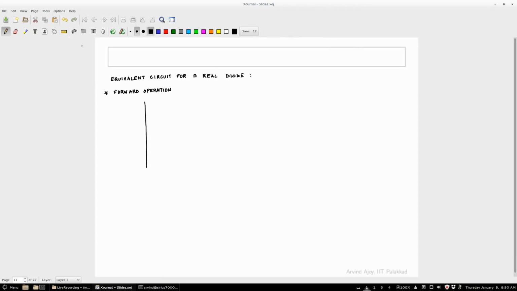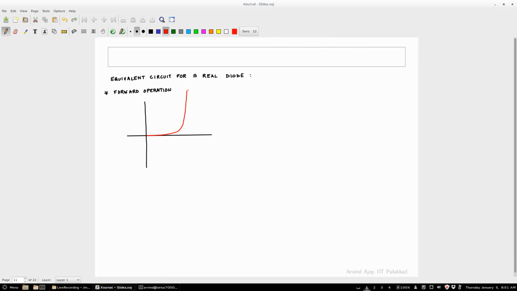I'll take the simplest one and then we'll stop. Let's take just the forward operation. And the current was 0, and then it picks up and it goes up.